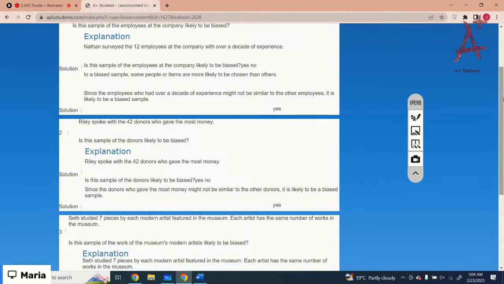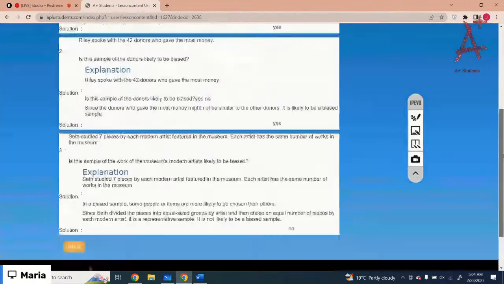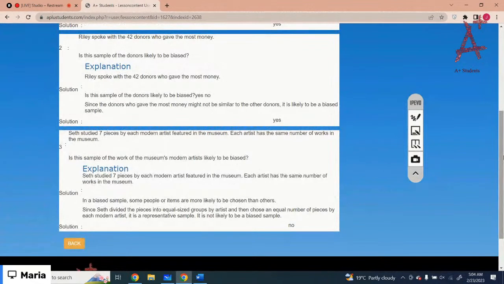Seth studied 7 pieces by each modern artist featured in the museum. Each artist has the same number of works in the museum. So you have to see if the data is biased. No, it is not biased. Since Seth divided the pieces into equal sized groups by artist and then chose an equal number of pieces by each modern artist, it is a representative sample.